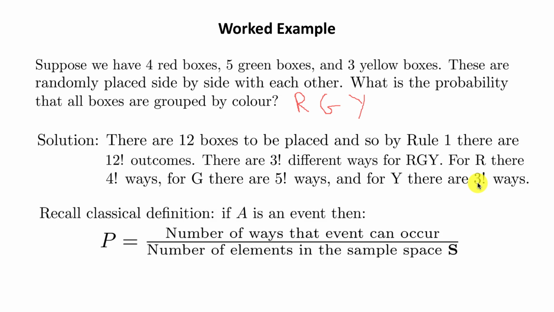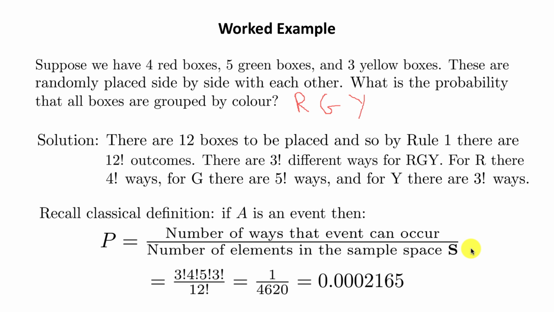So now if we want to calculate the probability, let's remember that the probability, as we defined earlier, is the number of ways that an event can occur divided by the number of elements in the sample space, that is to say, the total number of possibilities. So what we have is 3 factorial from arranging red, green, yellow, and then 4 factorial, 5 factorial, 3 factorial, and then divide by the number in the sample space, which is 12 factorial.